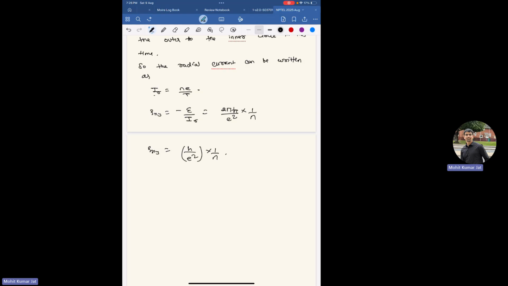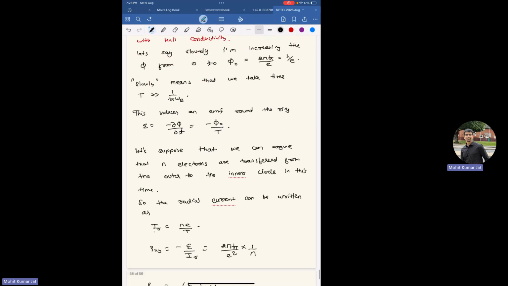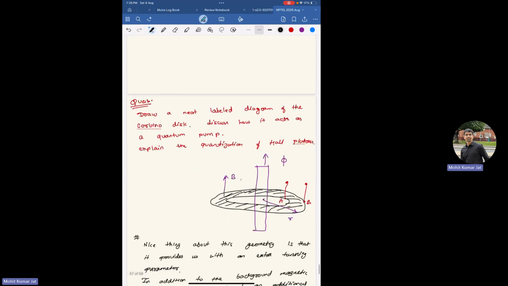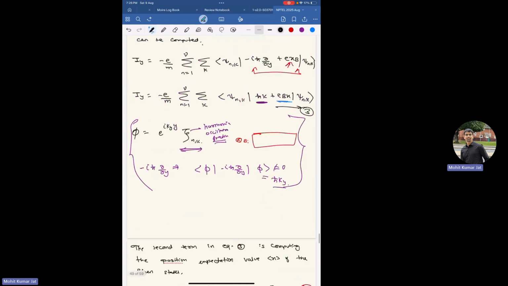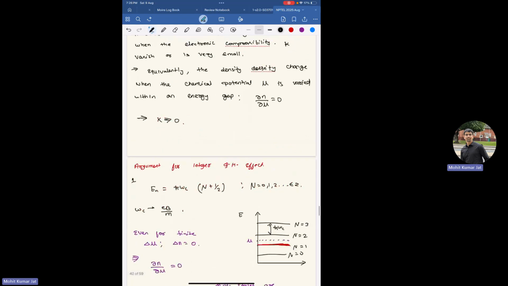And this is something great of Laughlin, that he well thought out this experiment, and it has been done and proven also. So this is the quantization of the resistivity, in the form of h by e square times 1 by n. So this is all about this problem. So in today's class we have discussed, I'll just recap today's class.